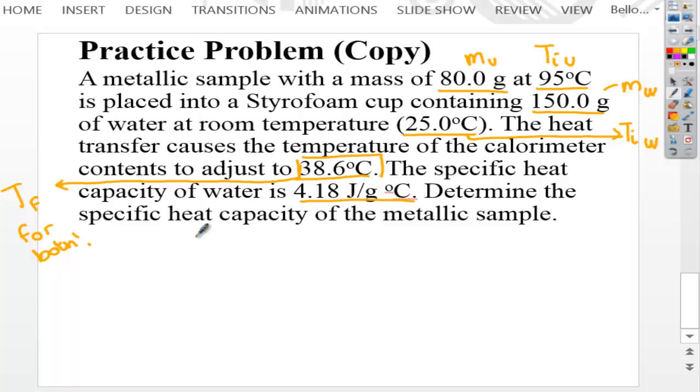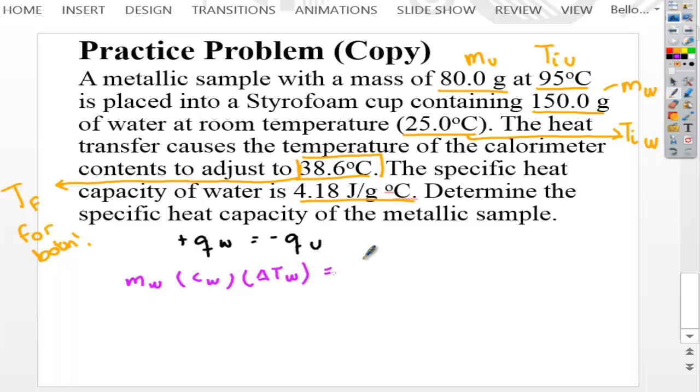So, I'm gonna start by saying that the heat gained by the water is equal to the heat lost by the unknown. I know what Q is for both of those. Mass of the water times specific heat of water times the delta T of the water.